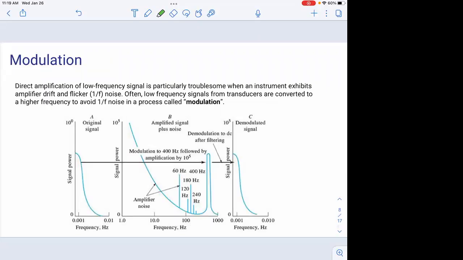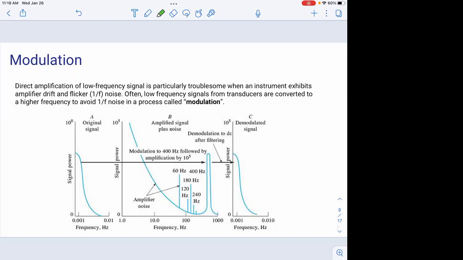All right, so the next thing I want to talk about is modulation, right? So modulation is one of the ways that we can attempt to deal with low frequency noise in samples. So remember that we said that high frequency noise is relatively easy to deal with.